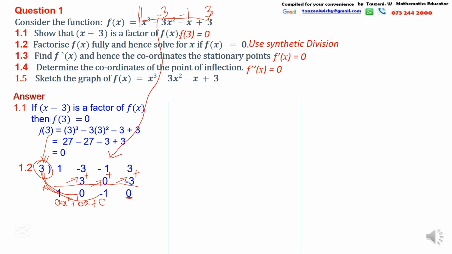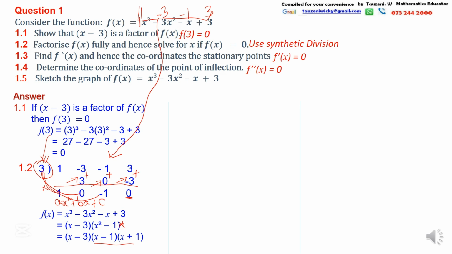After that, we can carry on to factorize our expression. The first factor is the one that the question gave us, x minus 3. And then this is x squared minus 1 because b is 0. Then we can further factorize this as a difference of two squares to get these two brackets. Then our expression has been fully factorized.